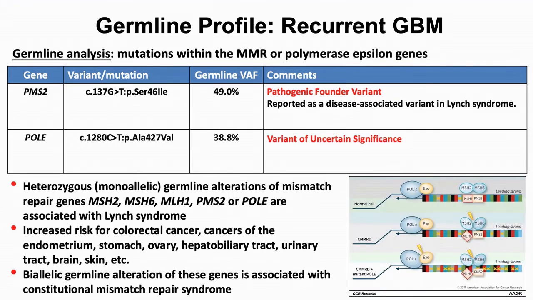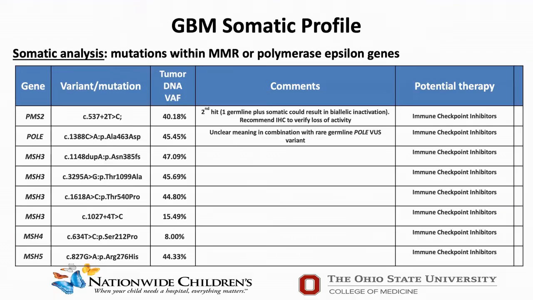What we see here is that there are a variety of monoallelic germline alterations of mismatch repair genes that are associated with Lynch syndrome, and these give increased risk for cancers, as I mentioned, including brain cancers. Biallelic germline alteration would be associated with constitutional mismatch repair syndrome, but this patient just had a single PMS2 pathogenic variant in the inherited genome.